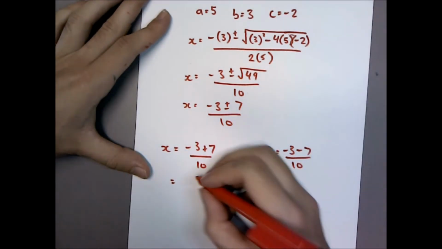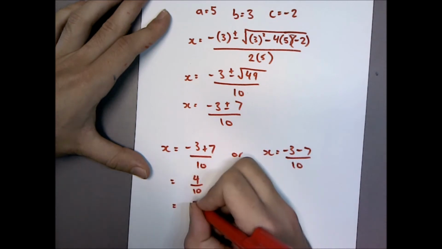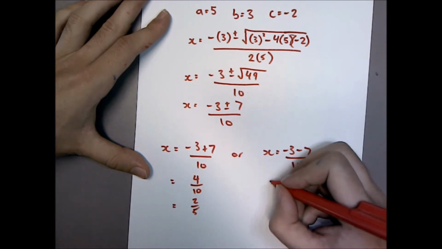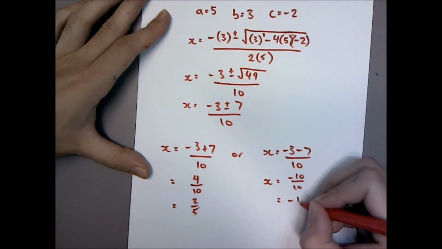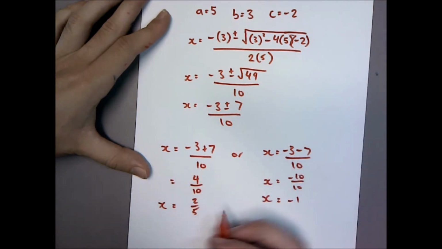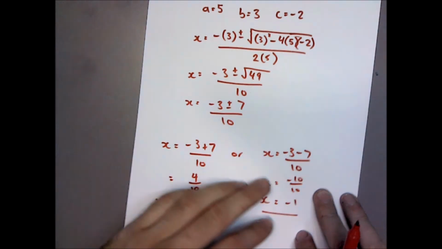So negative 3 plus 7 is 4 over 10, which is equal to 2/5, or x is equal to negative 10 divided by 10, which equals negative 1. So my two answers are x equals 2/5 and x equals negative 1. Do another example.